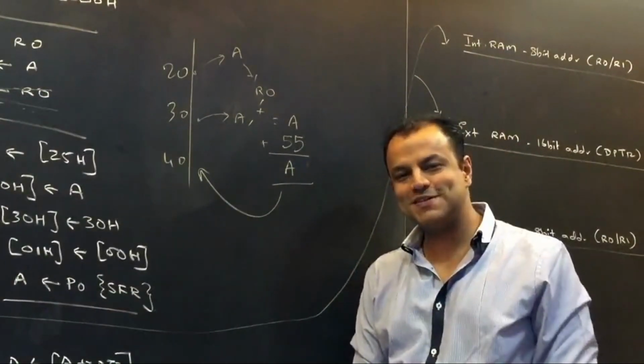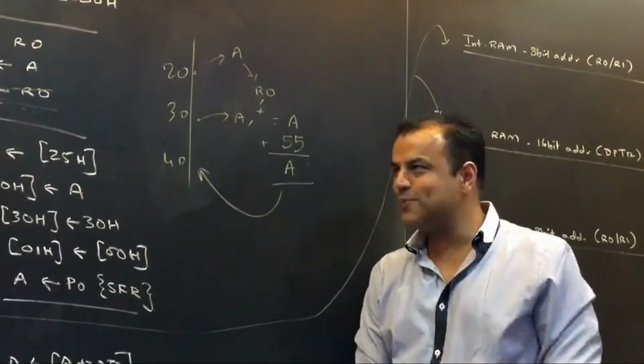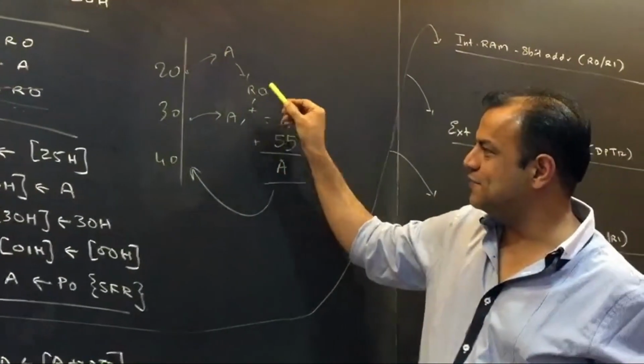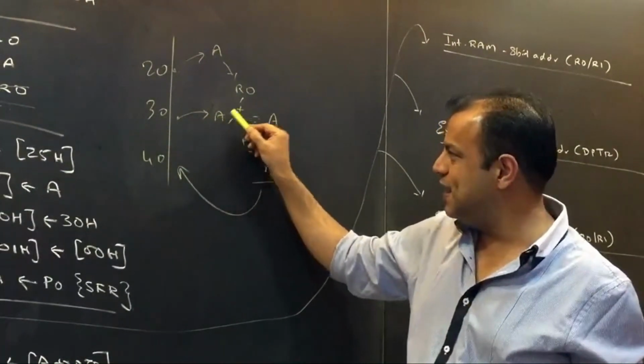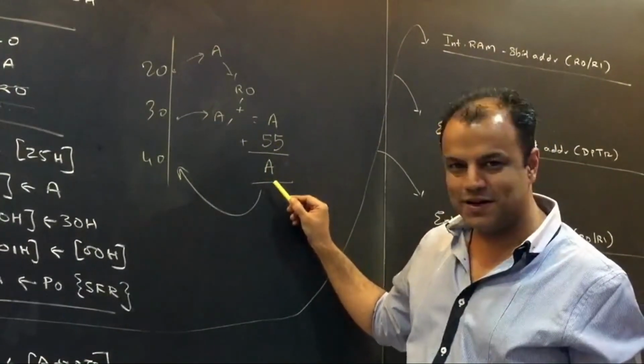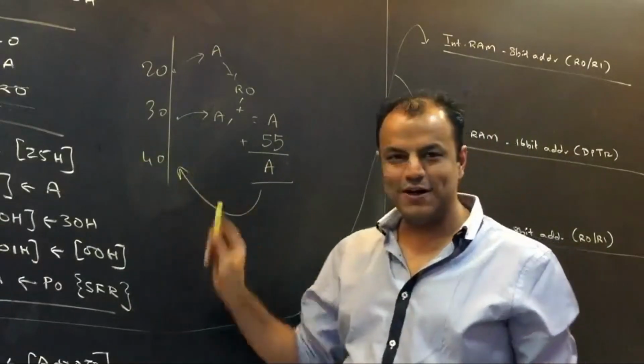Come on, give me the instructions for doing this. I repeat the question. Take the data from 20 into A, store it at R0. Take the data from 30 into A, add these two, answer will come in A, add the number 55, answer will come in A, store the result at location 40.